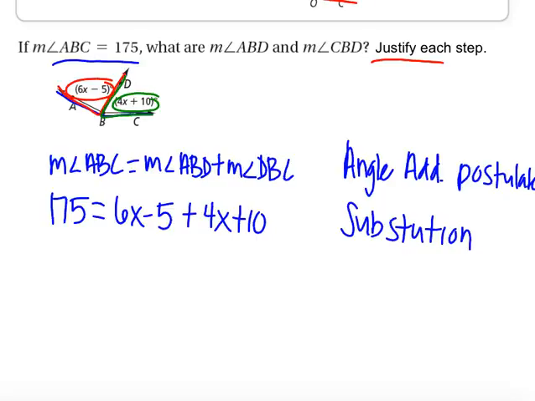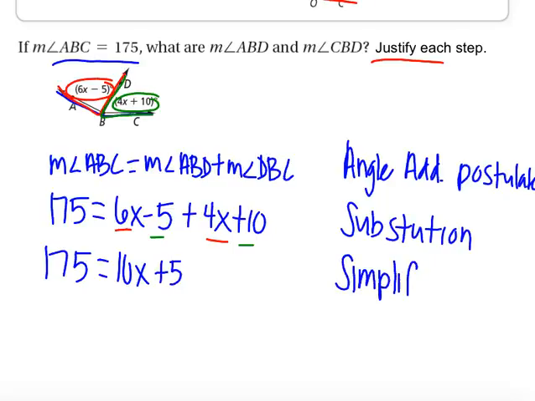Now again, we just want to clean this up, so that's just simplifying. Let's get our x terms together here. So 6x plus 4x is 10x. And then negative 5 plus 10 is just 5. That's simplifying. Now I want to get x by itself, so I have to subtract 5 from both sides.